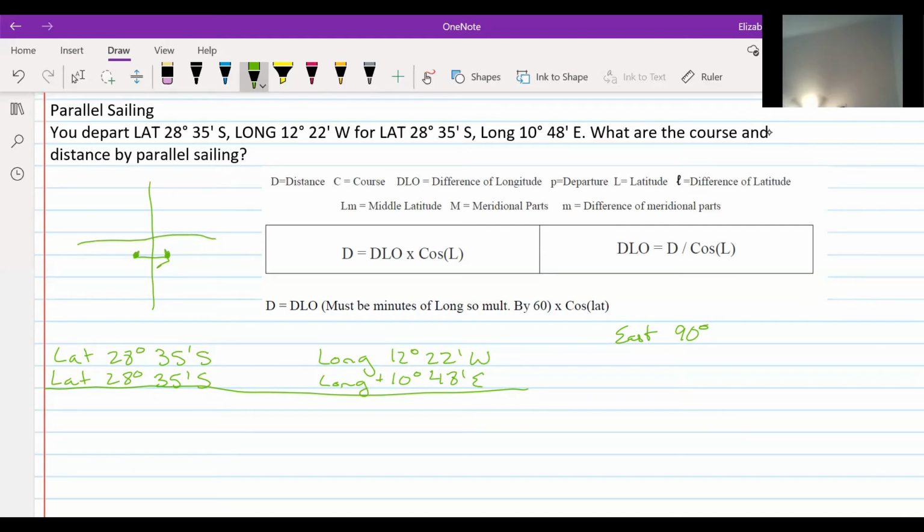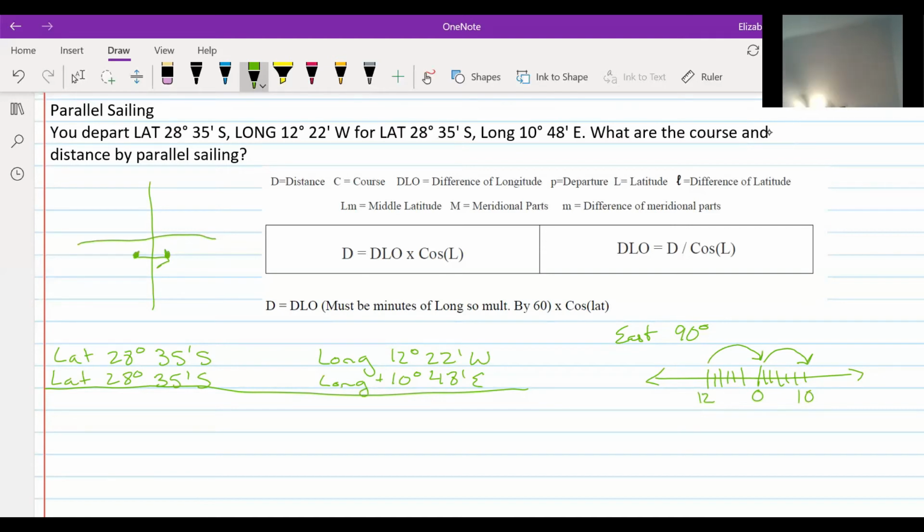Why you have to add instead of subtract is because it's just like a number line. The meridian is 0. We have numbers all up on this side, and we get up to 12, and then we have numbers all up on this side, and we get up to 10. We need to find the difference there, and then to there.